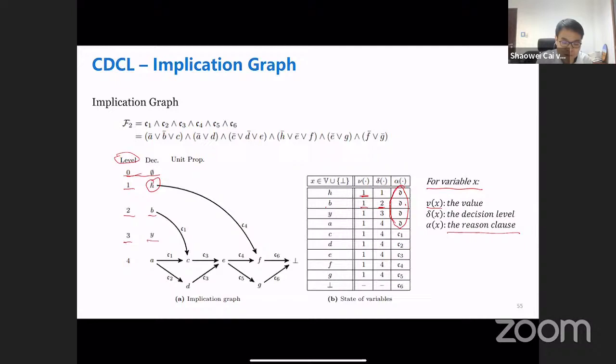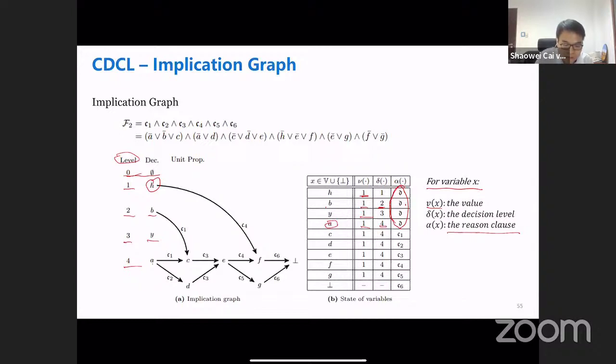In level 3, we pick Y, and Y is also assigned to 1, and also we did not find any unit clause to propagate. And then we go to level 4, and pick variable A assigned to 1, and we record the decision level of A to be 4.